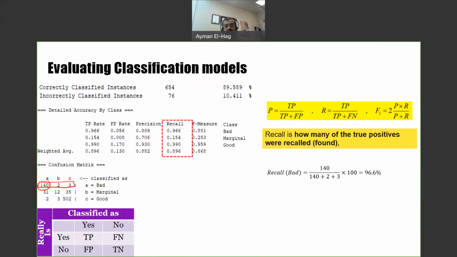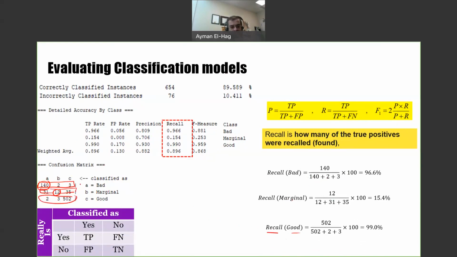The recall is 140 over the summation of the row, the whole row. So it's 140 plus 2 plus 3. Recall for the marginal is 12 divided by the row. Again, it's unlike the precision. And finally, the recall of the good is 502 divided by the whole sum.